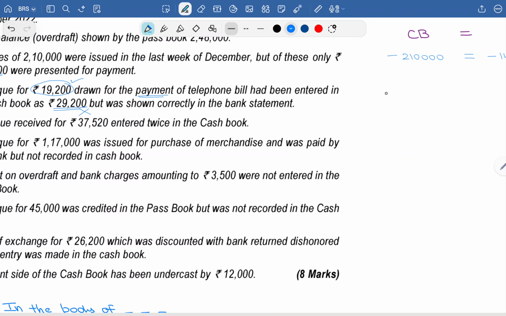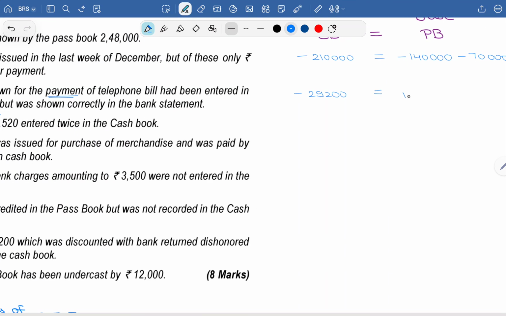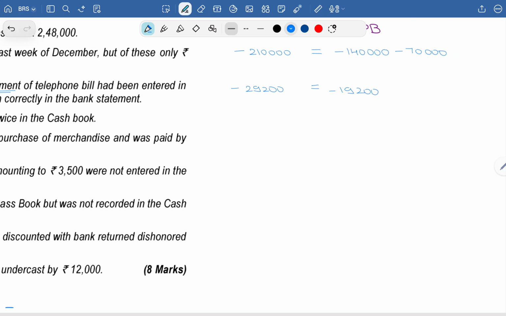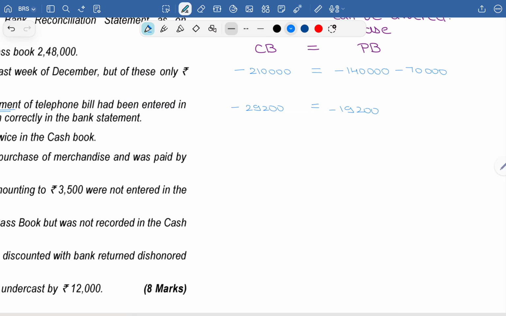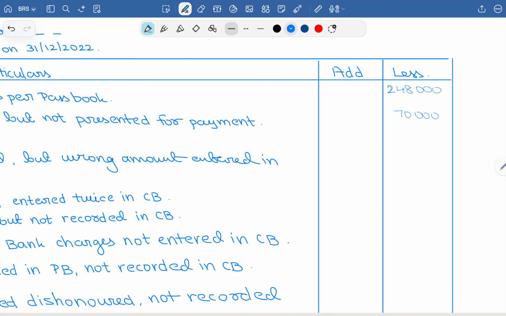In the passbook it is recorded correctly, that is 19,200 only. It is an error done by the businessman, but passbook is our base, not cash book. So in the passbook again we have to reduce 10,000 to make them equal. So in my passbook, less column 10,000.